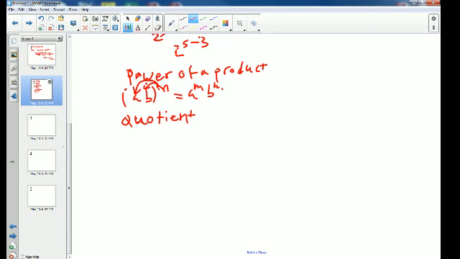And that is the same: A to the M over A to the N, which is saying A to the M minus N.